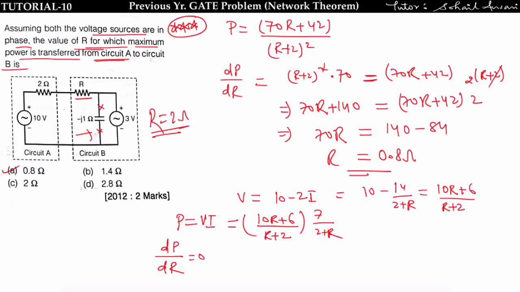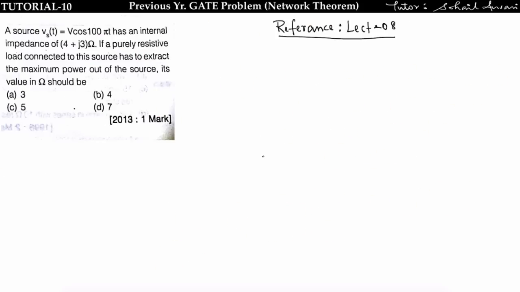Now let's see another question. A source voltage Vs(t) equal to V cos 100 pi t has an internal impedance of 4 plus j3. If a purely resistive load is connected to this source to extract the maximum power out of the source, its value is?